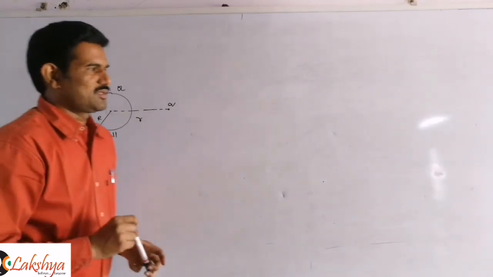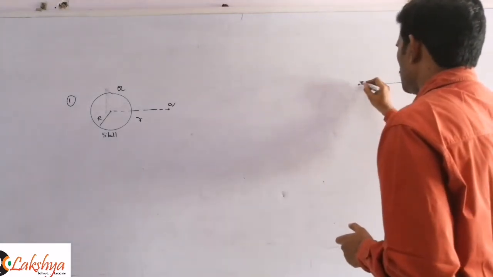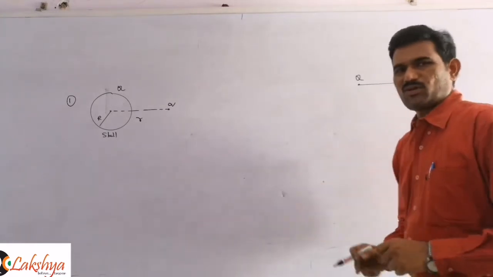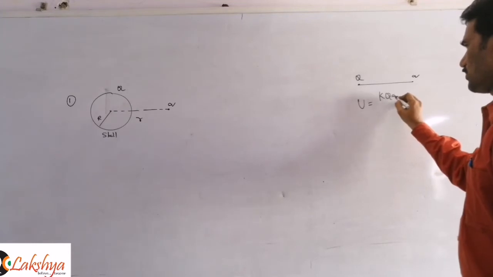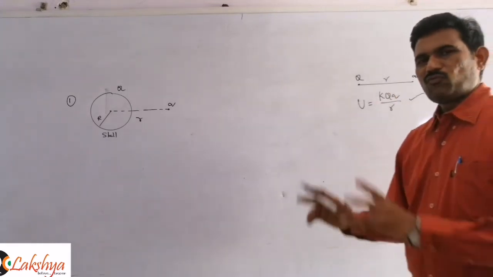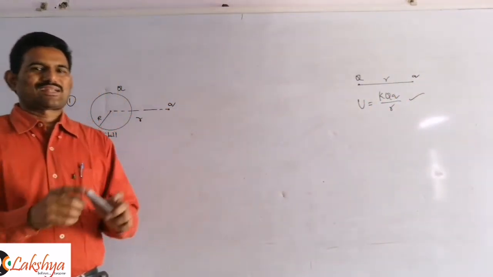So you need to remember that if suppose just point charges, small q and capital Q, if both are point charges, now the energy of the system is nothing but k capital Q into small q by r, right? This is our energy of the system if only point charges are present. Because for point charges only interaction energy will be there.